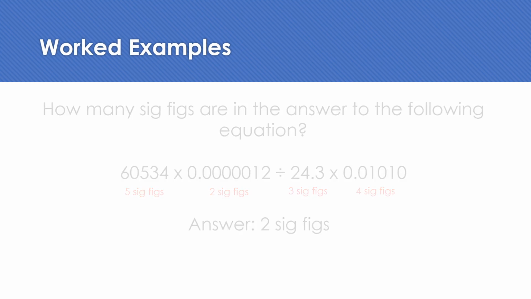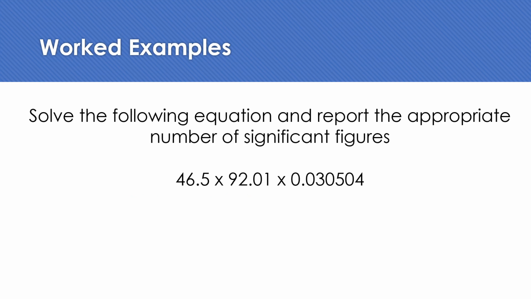Okay? So now let's actually solve an equation. 46.5 times 92.1 times 0.030504. And I want to know what the answer is, reported to the appropriate number of significant figures. When you punch that into your calculator, it's going to spit out, depending on how many decimals your calculator displays, something like 130.5102964.